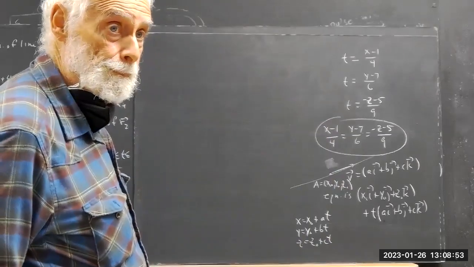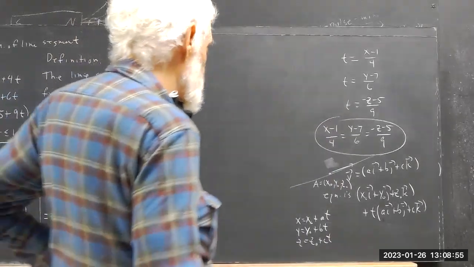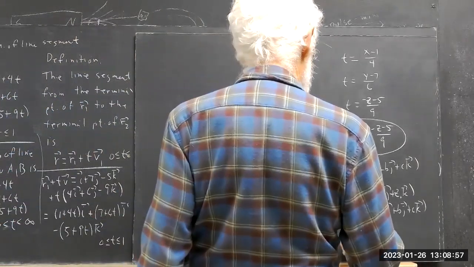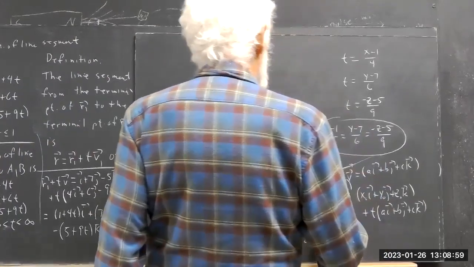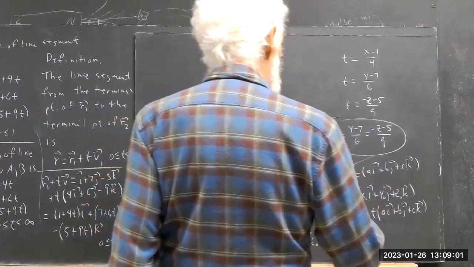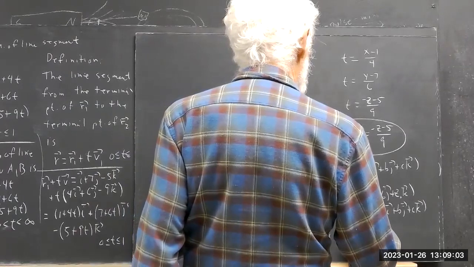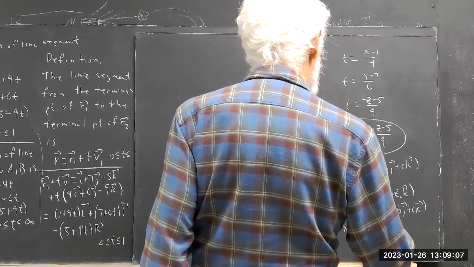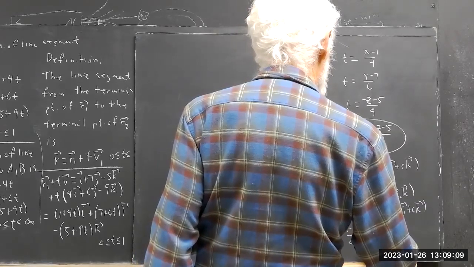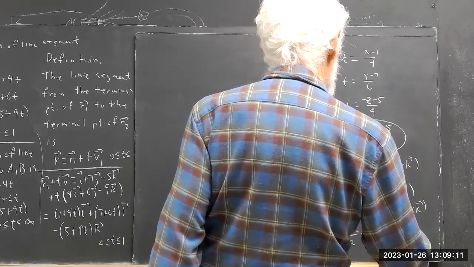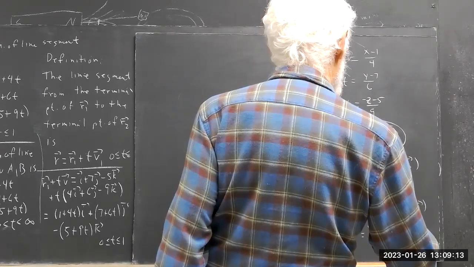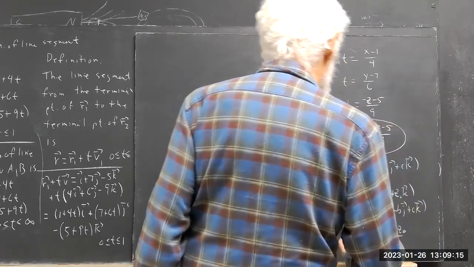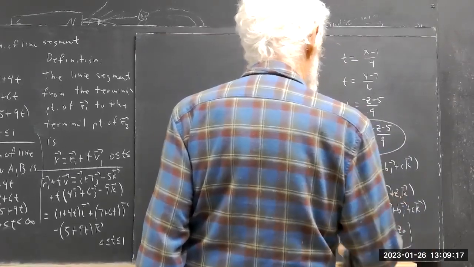Or solving for t, I get t equals x minus x naught over A. That's going to equal y minus y naught over B. That equals z minus z naught over C.